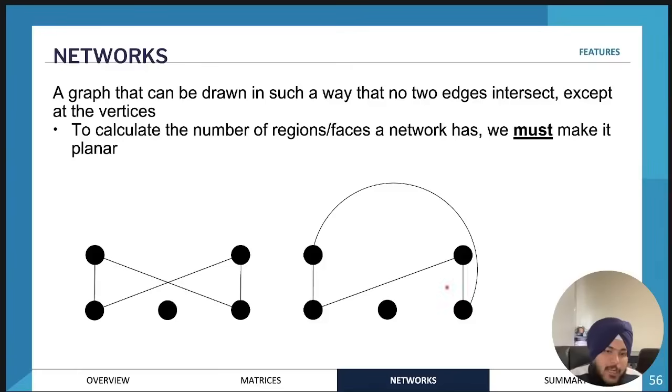We'll have to convert it into this isomorphic graph where we can clearly see the edges, and they're not intersecting. Therefore, it's 1, 2 faces only. So it's really important that you don't have any intersecting edges if you want to count the number of faces.